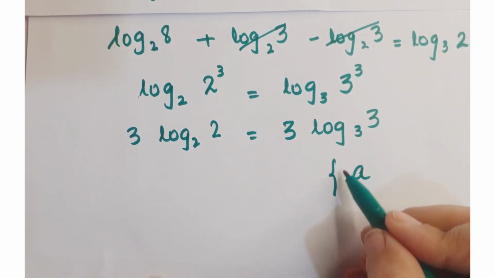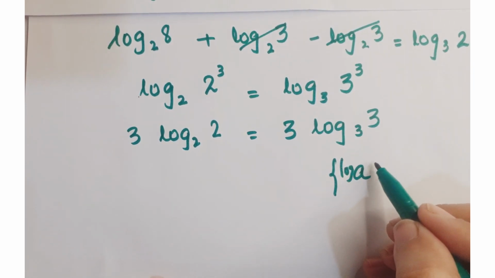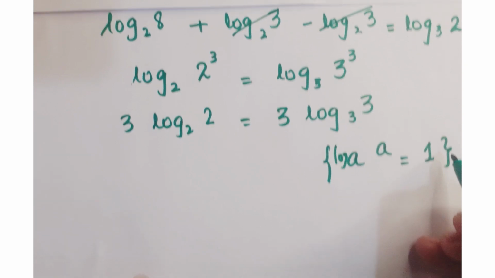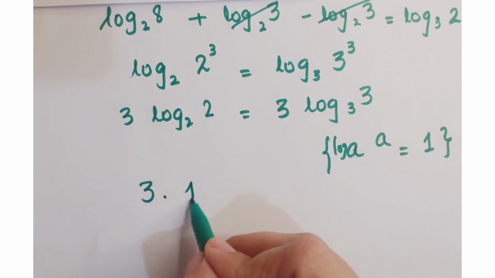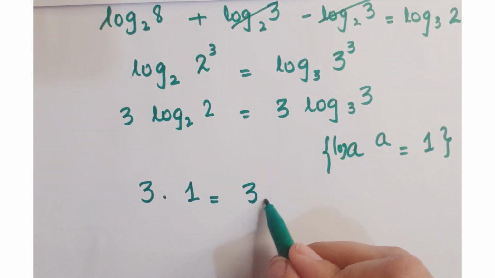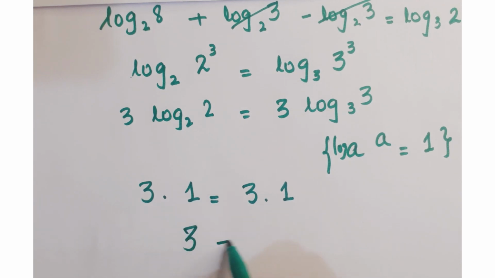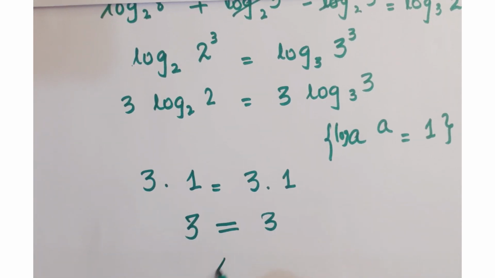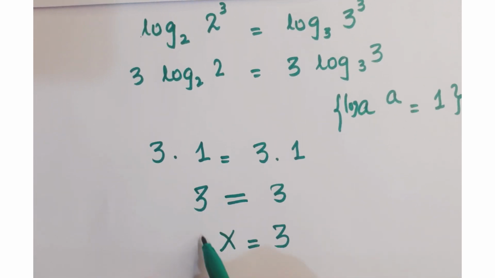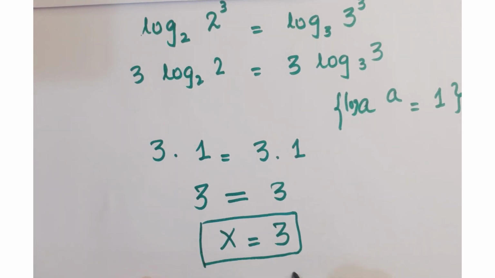Now as you know that log of a to the base a is equal to 1. So you can write this as 3 into 1 and then here 3 into 1. 3 is equal to 3. Now this implies that x has a value 3 and this is our required answer.